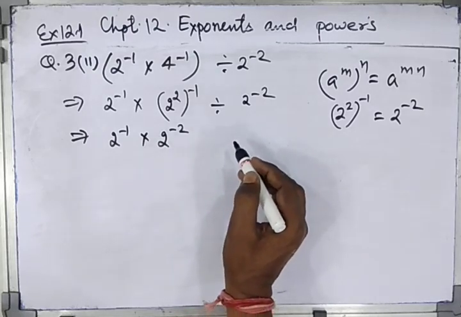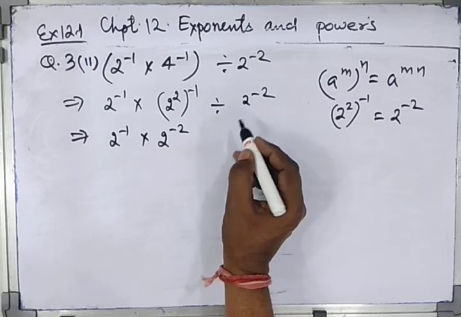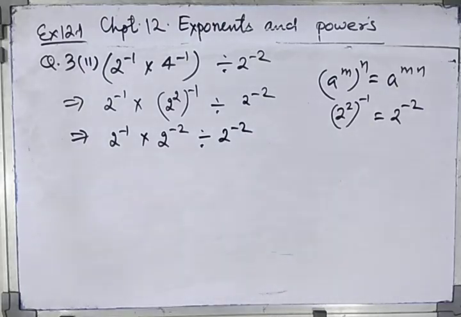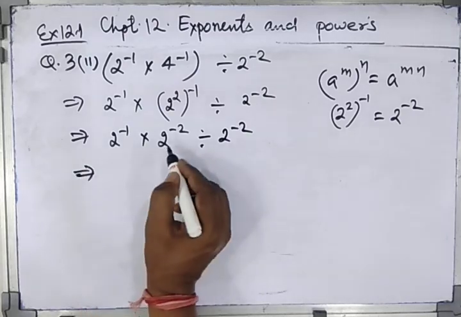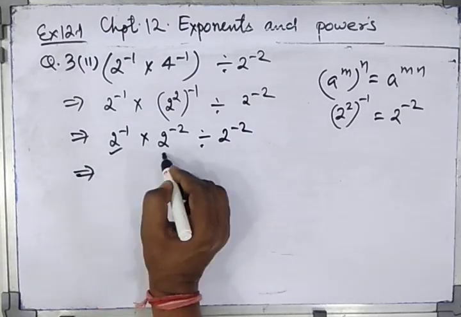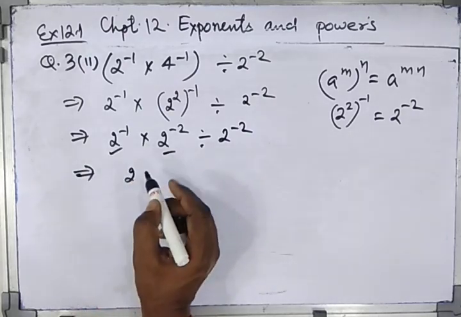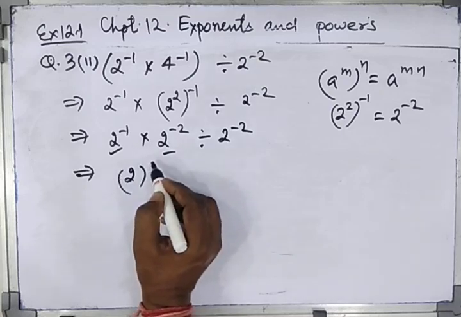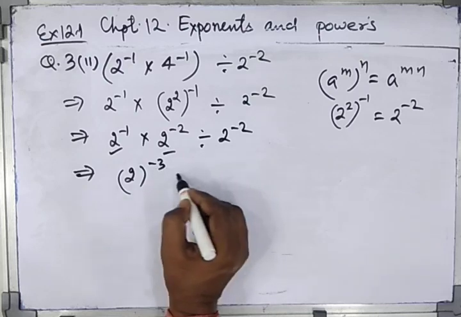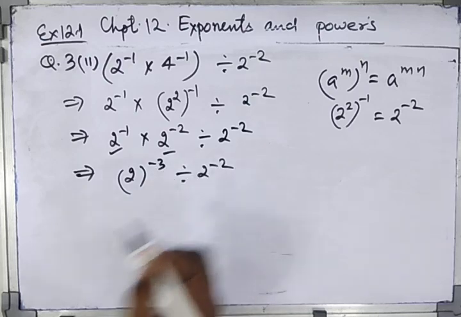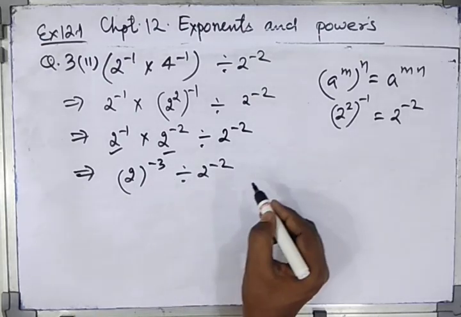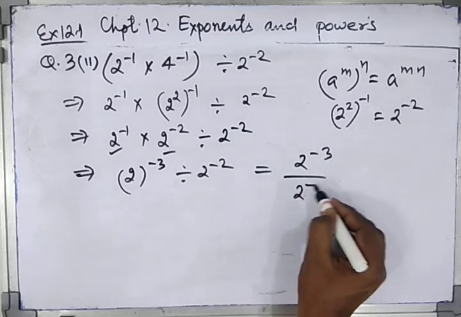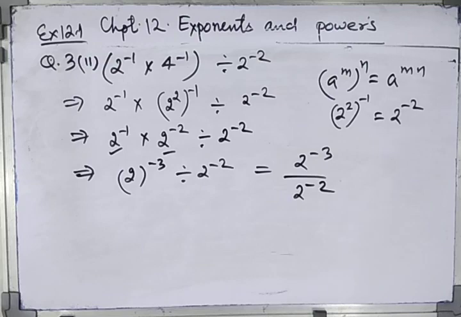So this will be equal to 2 raised to minus 2 divided by 2 raised to minus 2. Base is same, so 2 raised to minus 3 divided by 2 raised to minus 2.